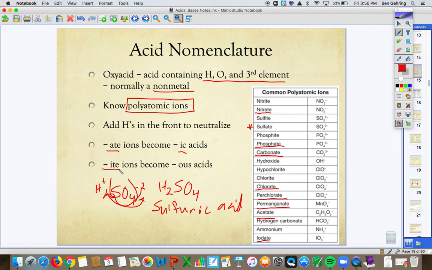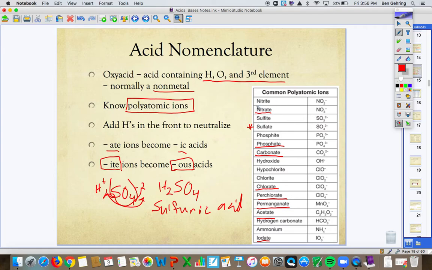Your ite ions become ous acids. This one's a little backwards as far as my logic. But if somebody asks about you and your partner, and you tell them, hey, somebody asked about us, and they say, okay, what'd you tell them? I said, we ate. Maybe not a good thing to say, but it's a way to think about it, that if us is ite, then we can go from ite ions to ous acids.